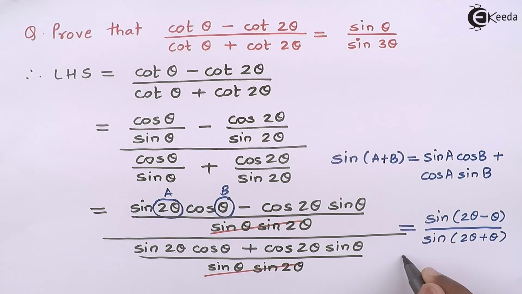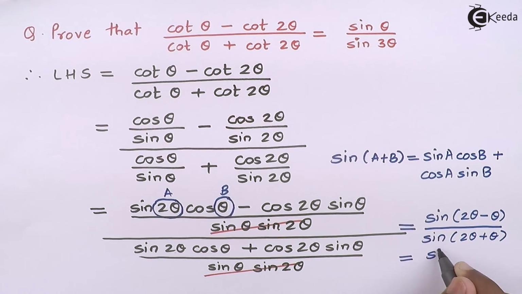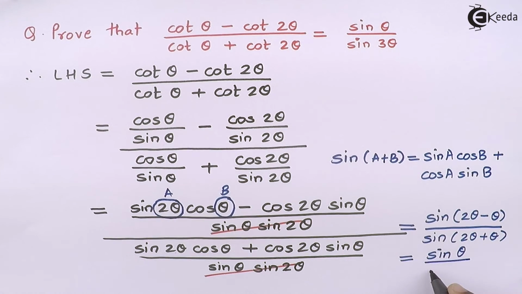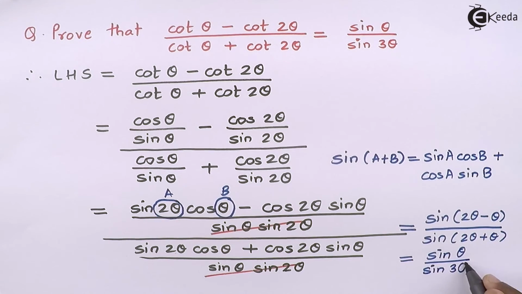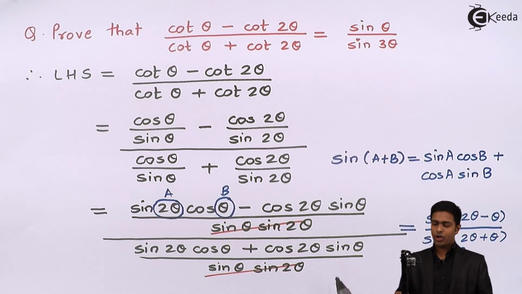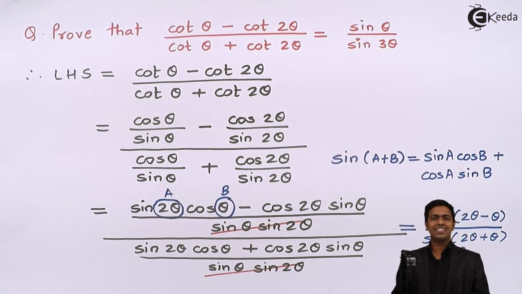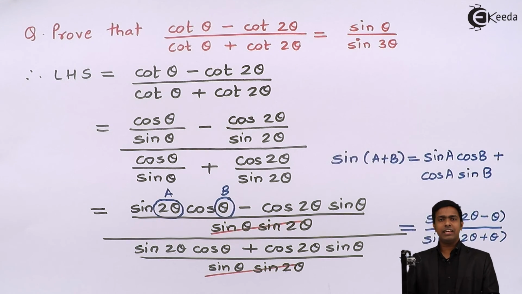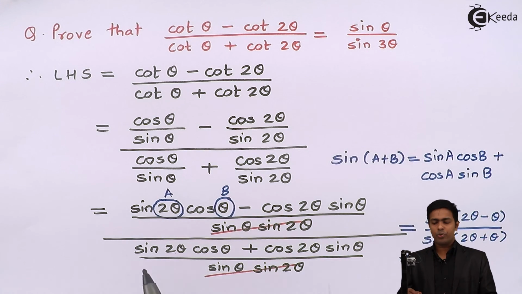And if we simplify this, then we will get sine of 2 theta minus theta, that is theta, upon sine of 2 theta plus theta, that is 3 theta. And guys, here we got our required right hand side. So we have seen here how to prove an identity with two sides having different trigonometric functions, by converting the functions in terms of sine and cos, and then doing the simplification. Thank you.